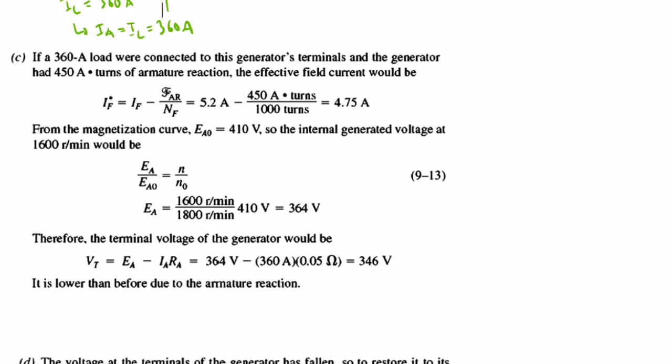We can also look at it from the MMF point of view. So the total MMF equals the MMF generated by the field current minus the MMF generated by the armature reaction.